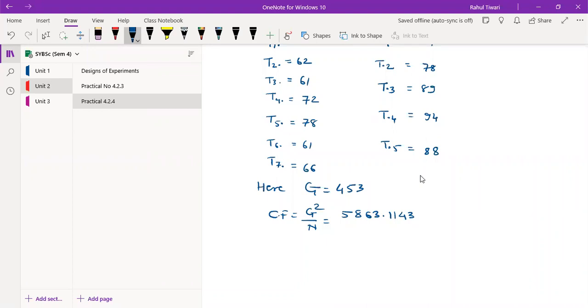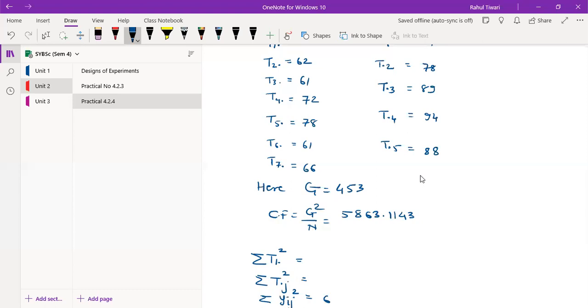Then similarly, based on these treatment totals, you can find the summation Ti dot square, summation T dot j square. And then the summation over the range of yij square.